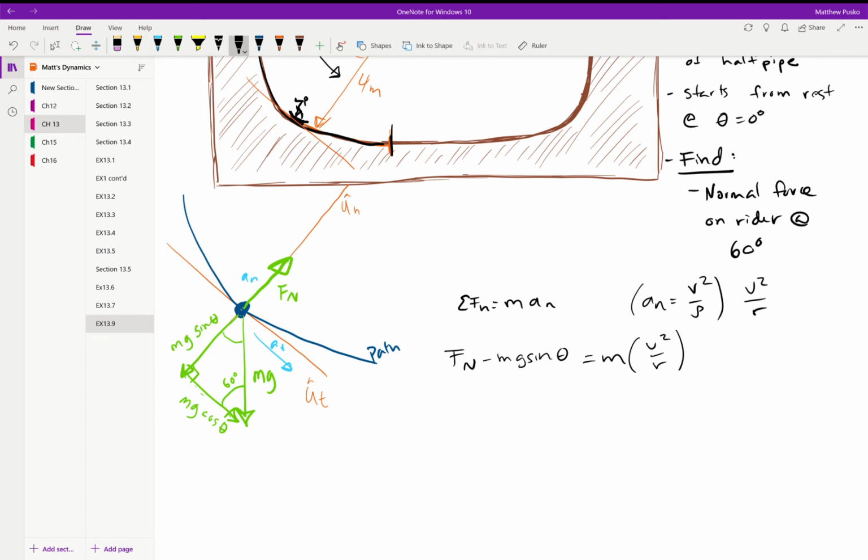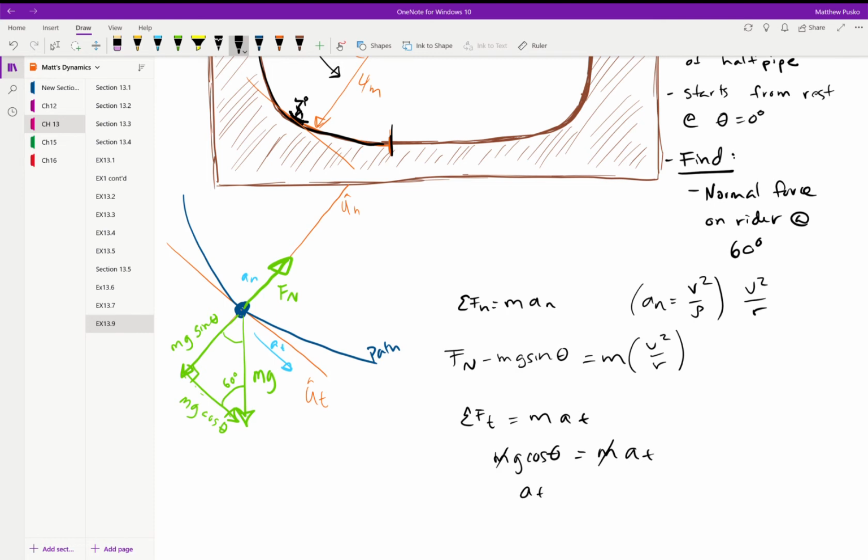Okay, let's sum the forces in the tangential direction now. That's going to be mass times the acceleration in the tangent direction. I will have just the positive mg cosine theta. That's going to be equal to the mass times the acceleration in the tangent direction.